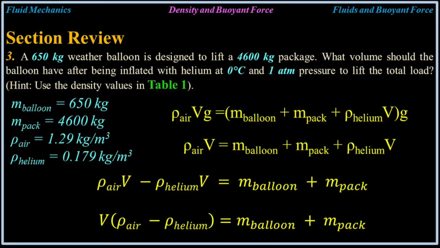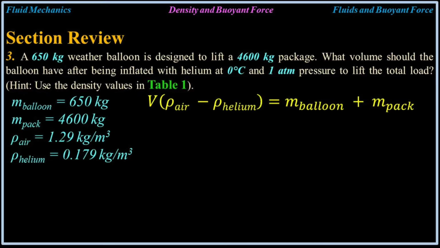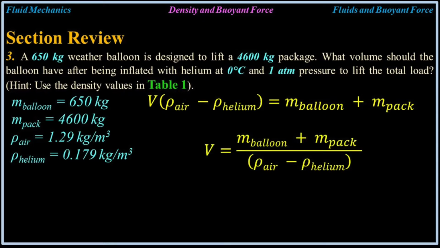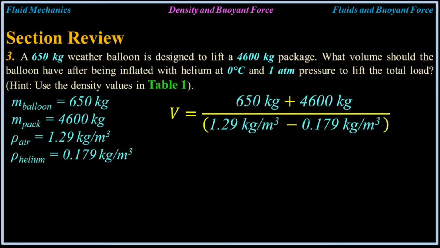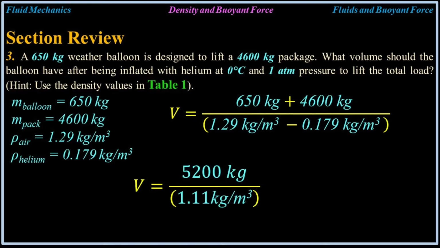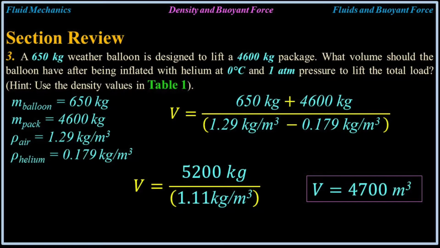So now I can solve for V, divide through by the densities, and I have the expression that I will plug in. There's the plug-in, and bring the plug-in forward and calculate, slowly calculate, and it's 4,700 cubic meters is the volume.